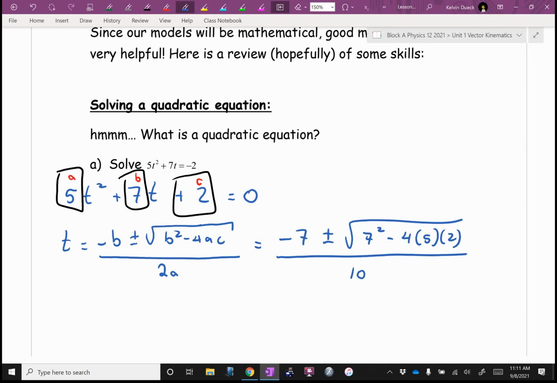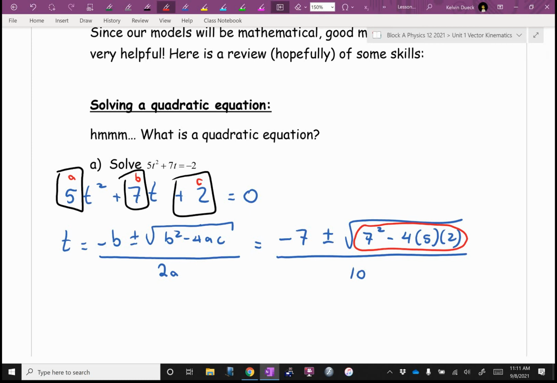My next step was usually to just crunch this. Who remembers what we call that thing inside the square root? We have a fancy name for b squared minus 4ac. It starts with the letter D. It's the discriminant because it discriminates. It tells you what kind of answers you're looking for.